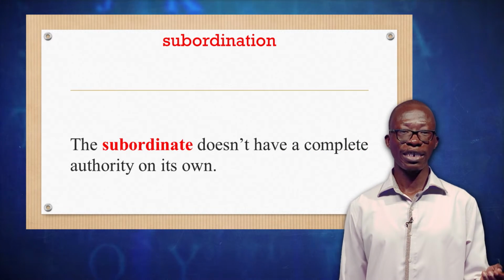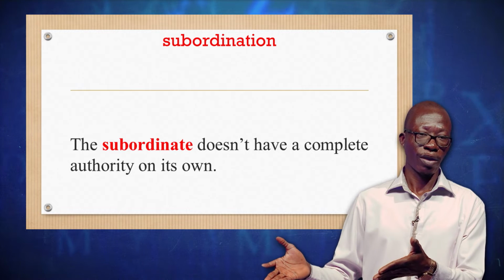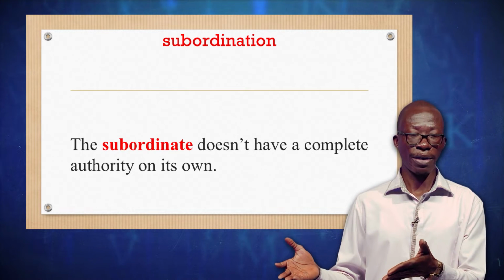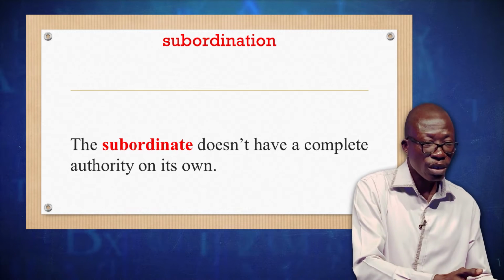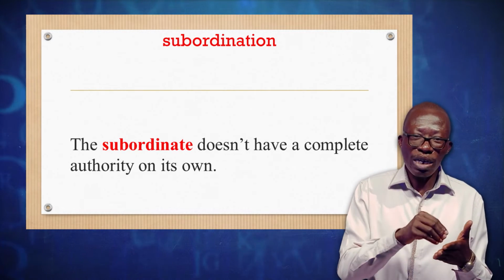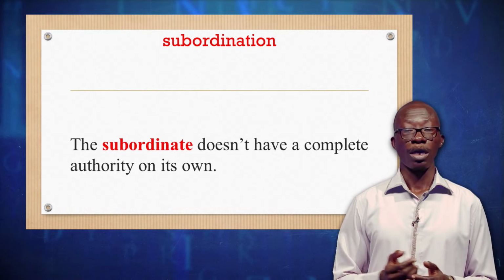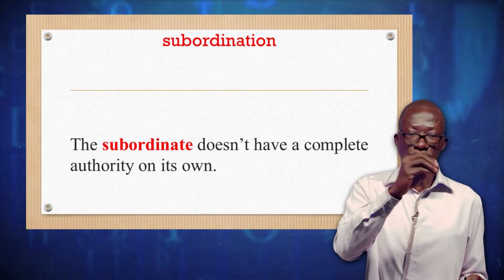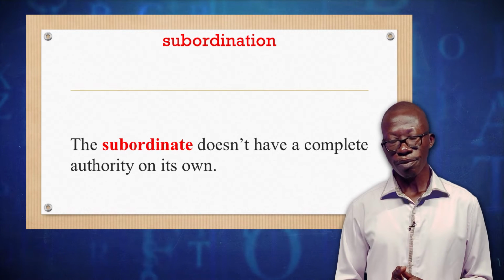Now, the subordinate doesn't have complete authority on his own. This is what mostly happens in a relationship where we have a subordinate relationship to a superior. We always realize that the subordinate doesn't have complete authority. The subordinate always takes authority from the superior. This is what we notice.